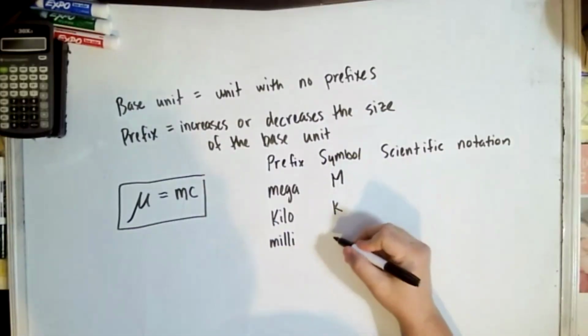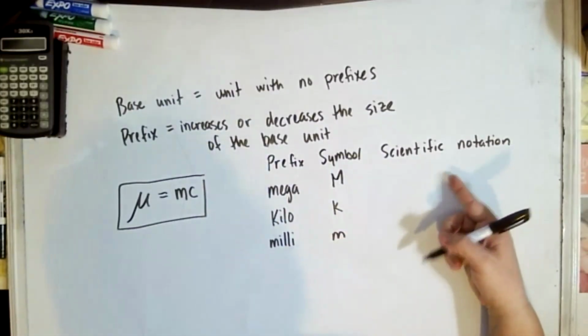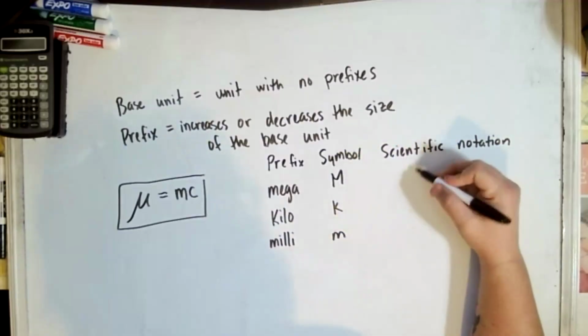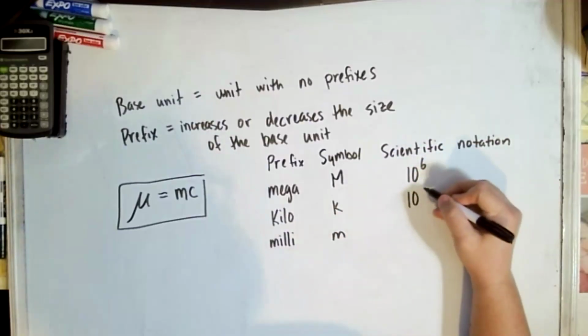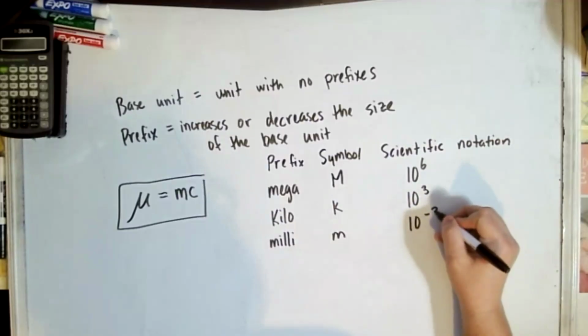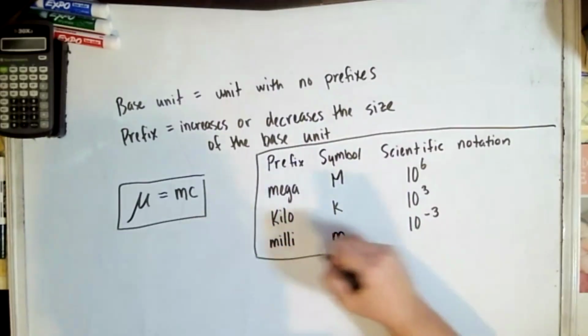I'll make it a little shorter. And then lowercase m. Okay, and then the scientific notation that you get right from that table, for mega, it's 10 to the +6. For kilo, it's 10 to the +3. And for milli, it's 10 to the -3. Okay, so that's the information from our table.